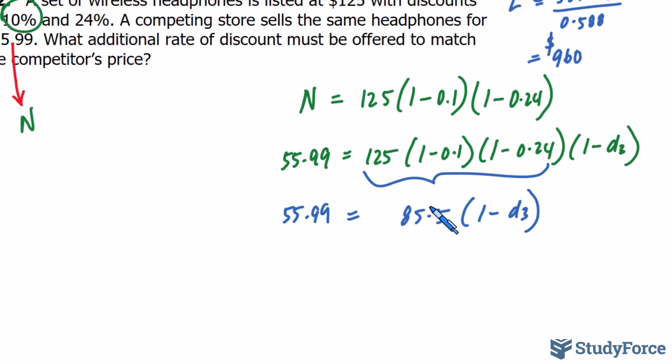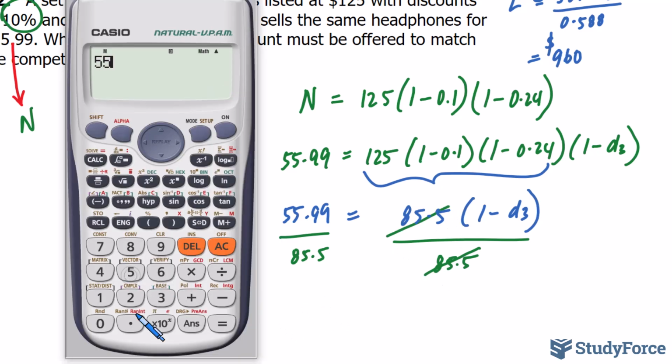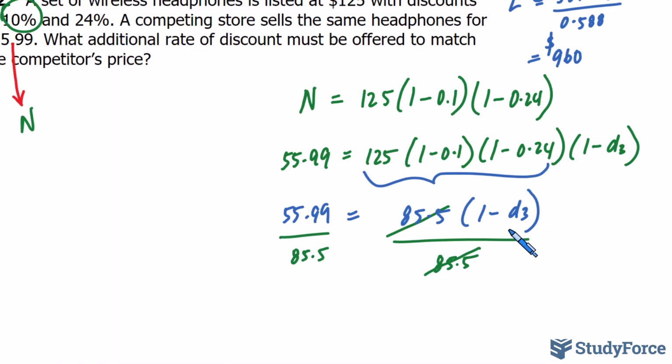We're going to divide both sides by that factor. So watch this, 85.5 on both sides. That cancels out. And so we take 55.99 divided by 85.5. We end up with this value, but rather than writing it down, let's just keep it in its fraction form and solve for D sub 3. So once we've divided both sides by 85.5, we get the following equation.